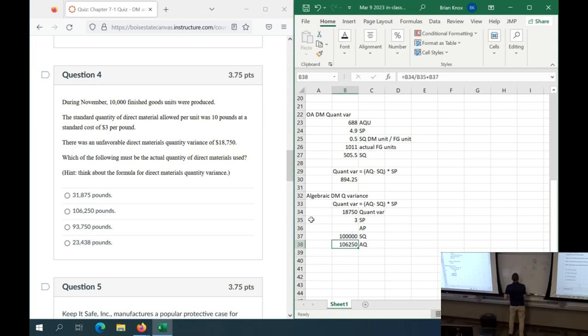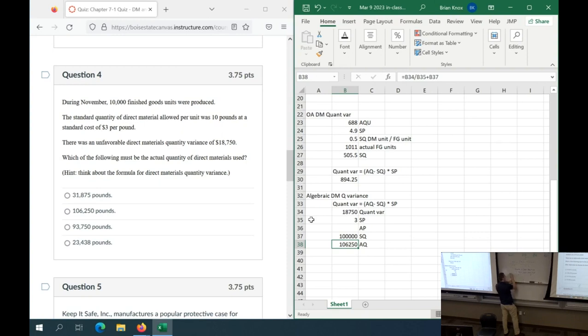So what I did, if you weren't able to follow along, we have quantity variance equals actual quantity minus standard quantity times standard price. And we have 18,750 equals AQ minus 100,000 times 3. First, divide both sides by 3.